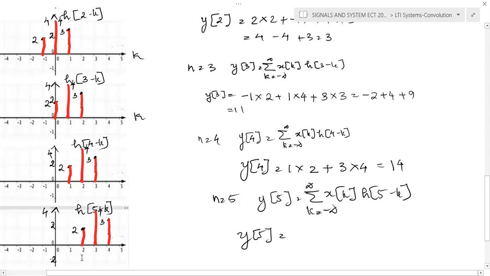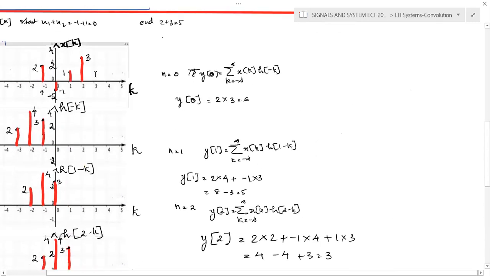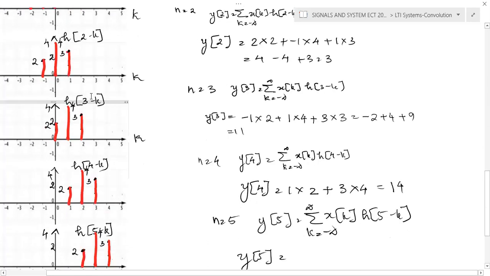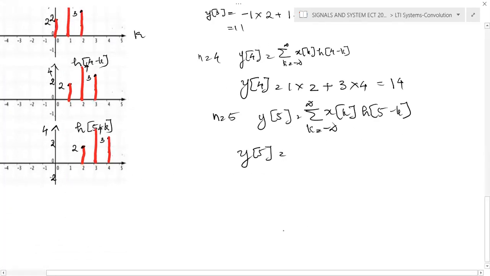So here non-zero magnitude starts from 2 onwards, and here the signal amplitude is 3. So you can write 3 into 2, so that is 6.